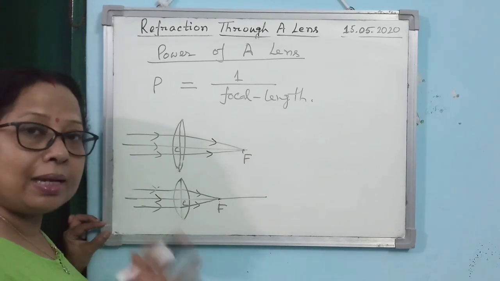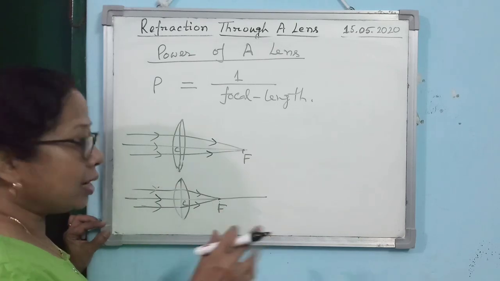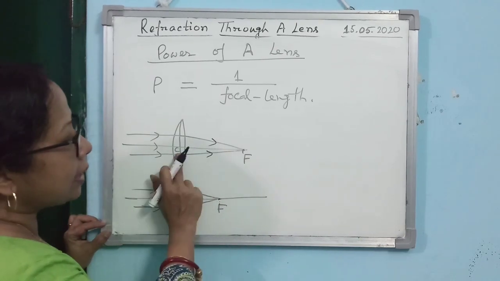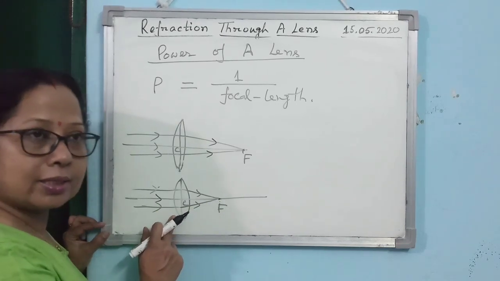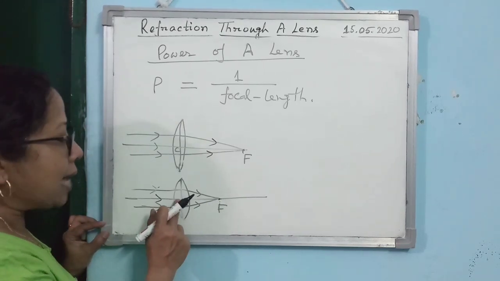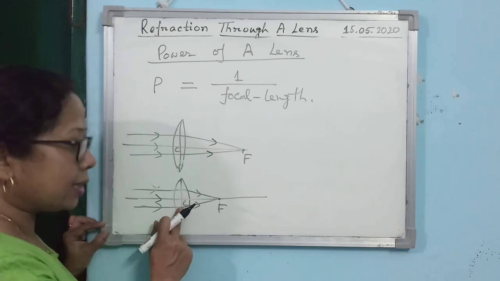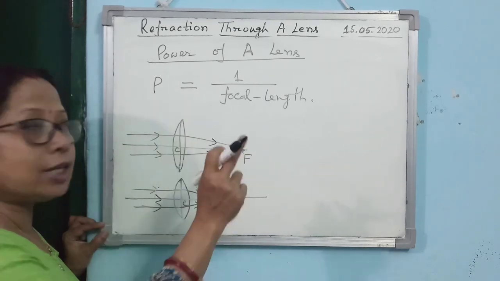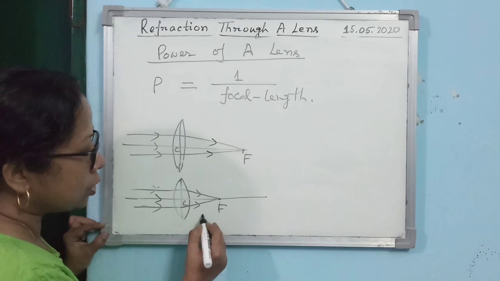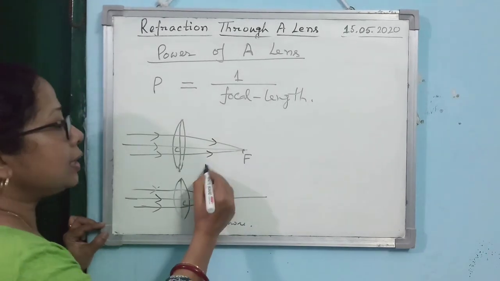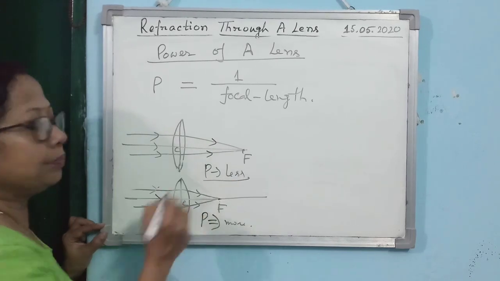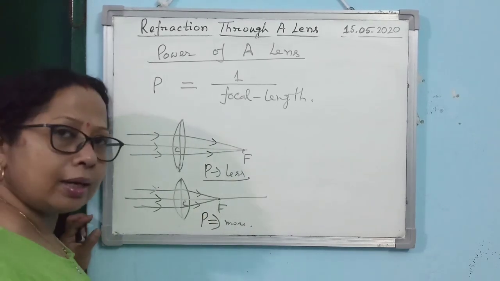What I said, ability to converge. Alright, so here you see it is converging at a longer distance, whether it is converging at a shorter distance. Clear? So, as it is converging at a shorter distance, so according to the definition of the power of a lens, what conclusion we will make? That this power is more. Alright, and this power is less. Yes or not? I hope it is clear.